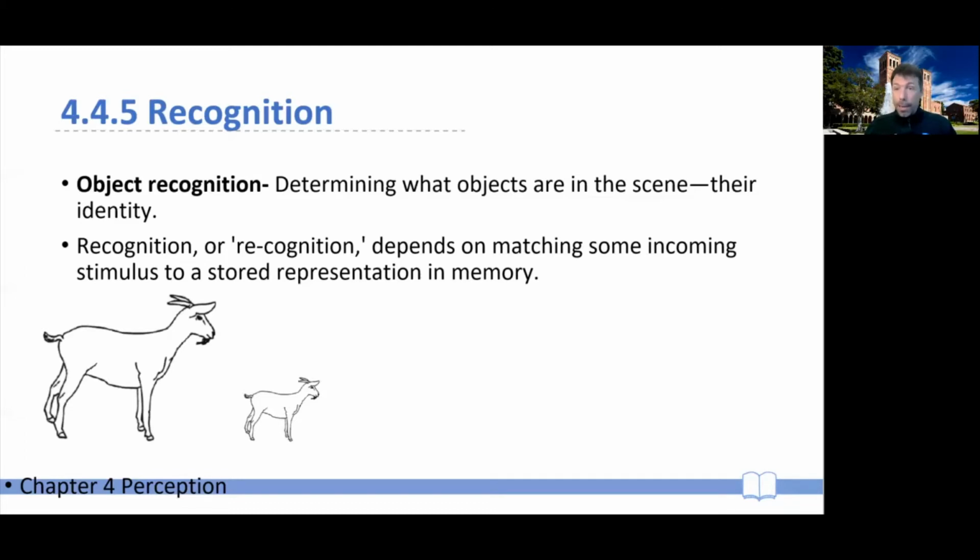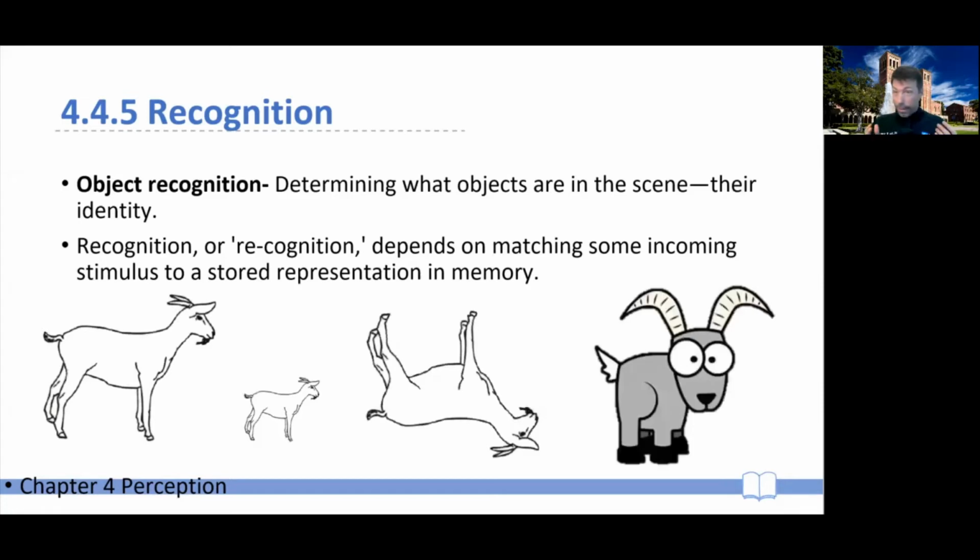Yet you have no hesitation in seeing the second image and saying that's exactly the same as the first. In fact, I could show you this and you'd still be able to tell me, yep, still a goat, same goat as before, even though you're actually seeing it upside down. And in fact, I can even show you this and it'll take you the same instant to look at it and say, still a goat, but different goat from the one before.